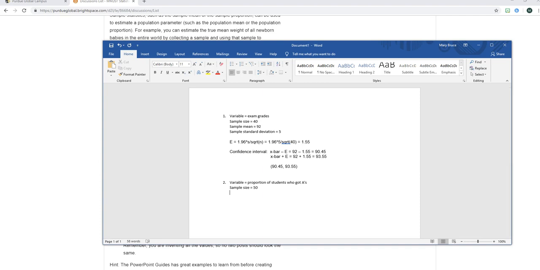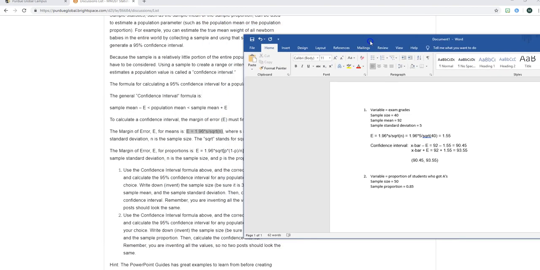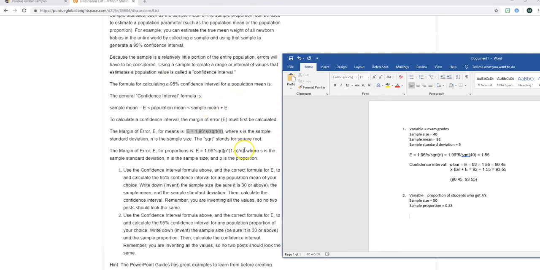All right, so suppose 85% of the class had A's. Then my sample proportion, I won't write it as 85 because it needs to be in decimal form. So I will put 0.85. Either .85 or 0.85 is fine. Both mean the same thing. So that's what you'll need to show for this. I'm going to copy and paste my formula for the proportions, which is right here.